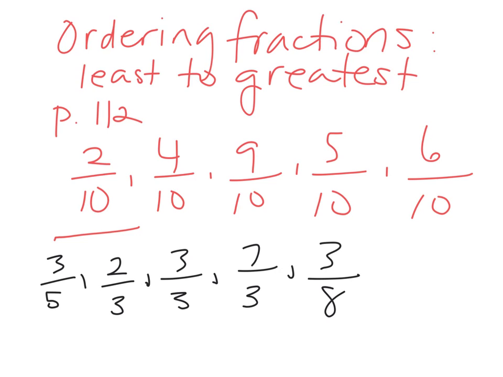Now, what the easiest way to do on some of these, you might be able to use mental math, but is to convert it to a decimal. And just as a review, if you have 3/8, it really is a division problem.